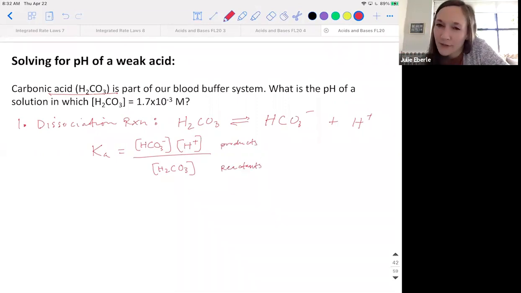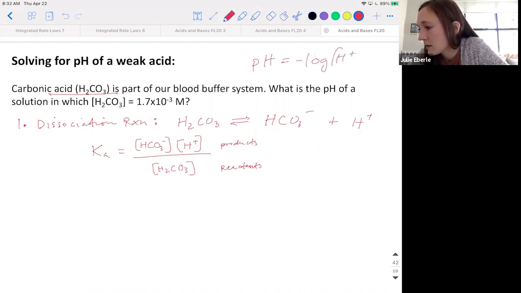Okay, which portion of this equation can we get pH from? Which portion are we really interested in? Well, what is pH? pH equals negative log of H plus. So there's one piece of this whole equation that we really want to know. That's the concentration of H plus, right?